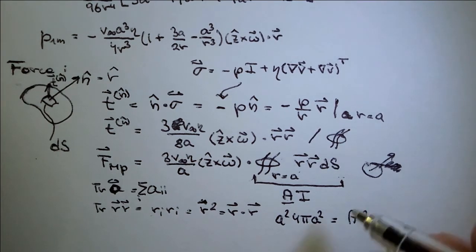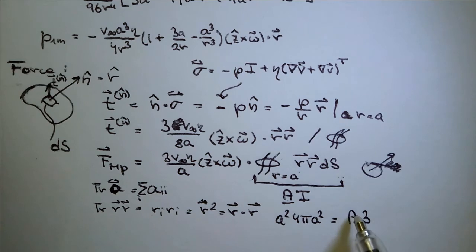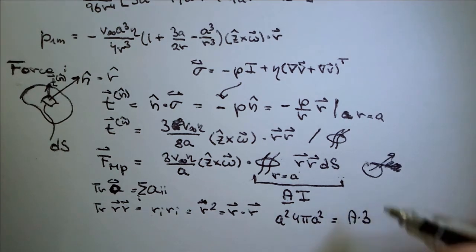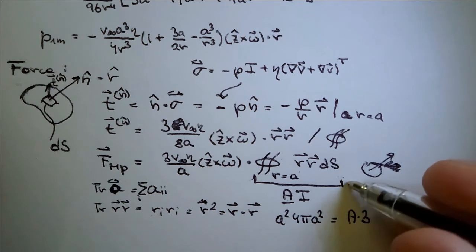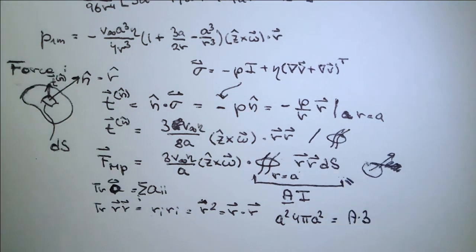From this you will get that A is equal to 4/3 pi a to the 4th power. So this force will be equal to, 3 will cancel out with this, 4, oh, there is 8.